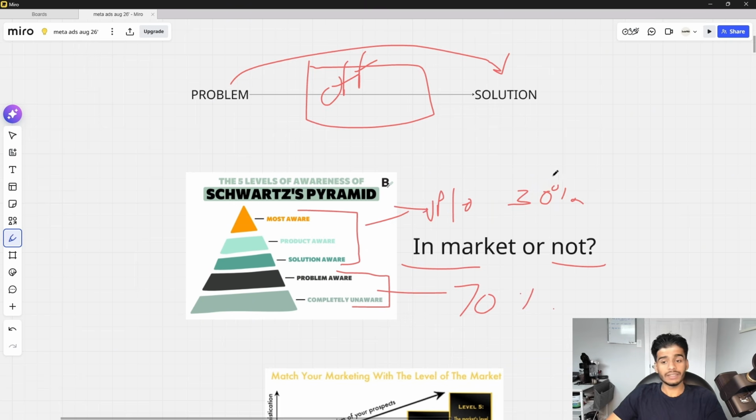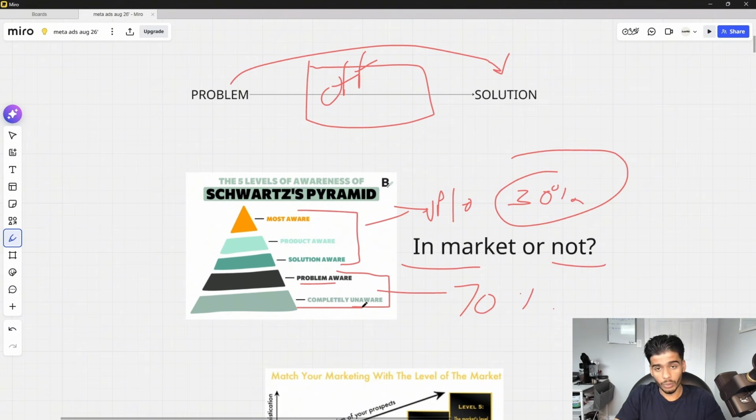The thing is, it's easier to sell here because your message can be direct and you don't need as much education for your prospects. But as you can see from the name of the tier, problem aware and completely unaware means they have a problem or they don't even know they have a problem, but your solution can help them, but they are totally unaware of this.